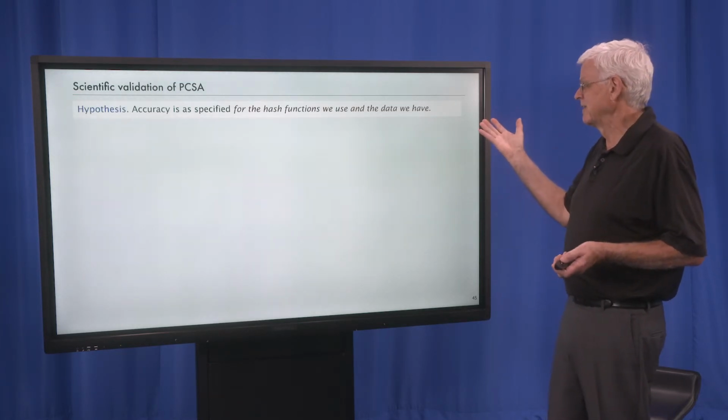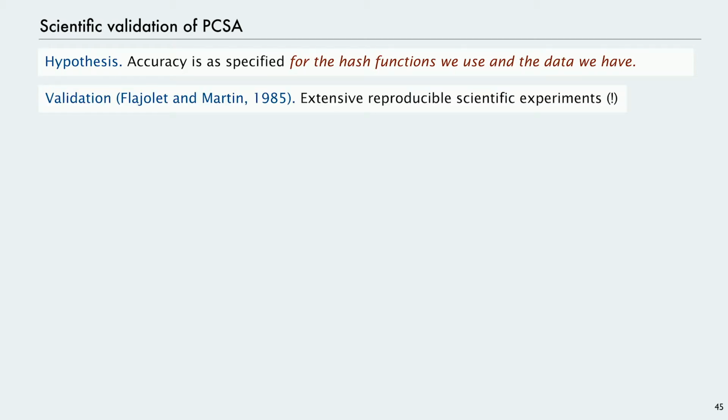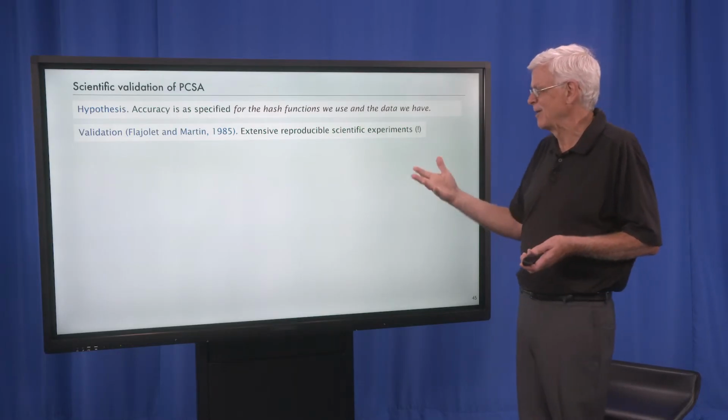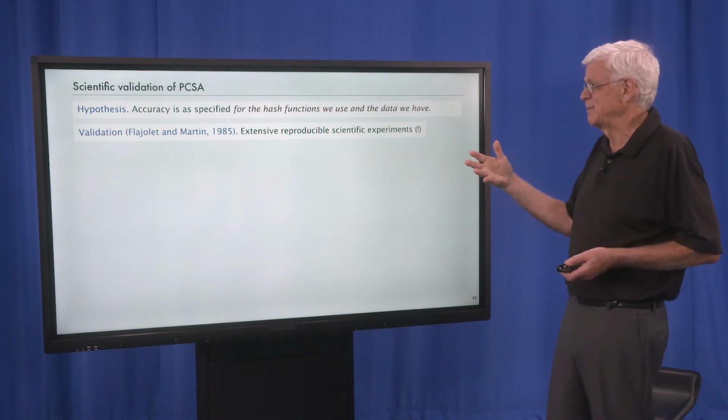But we have to validate this, and again, we assumed that the hash function would work on our data. One thing that's amazing about this 1983 to 85 paper is that it included extensive reproducible experiments. What they used was the manual pages for the computer that was in widespread use, so that everyone else could run their algorithm on these same data.